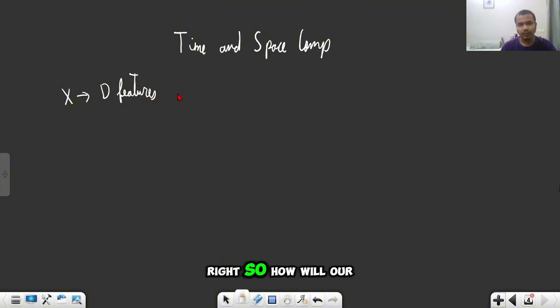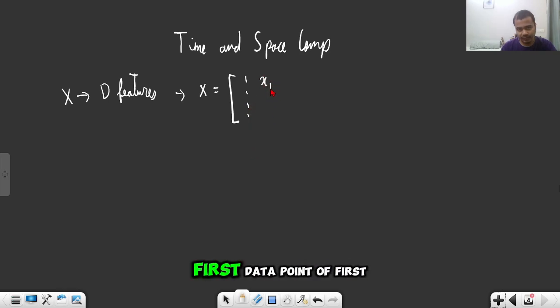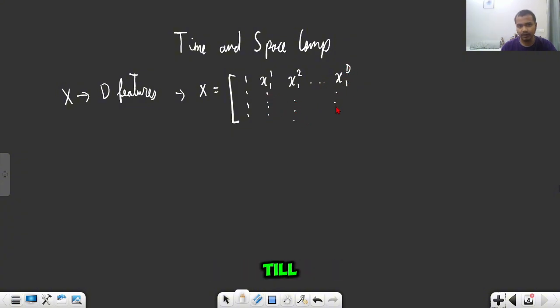So how will our matrix X look like? X equals, the first column will be padded with ones, and then we'll have the first data point of the first feature, the first data point of the second feature. It will go on till the first data point of d features, and this will go on till we have the nth data point of the dth feature.